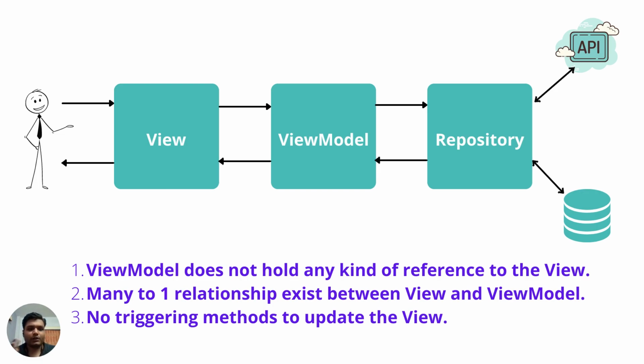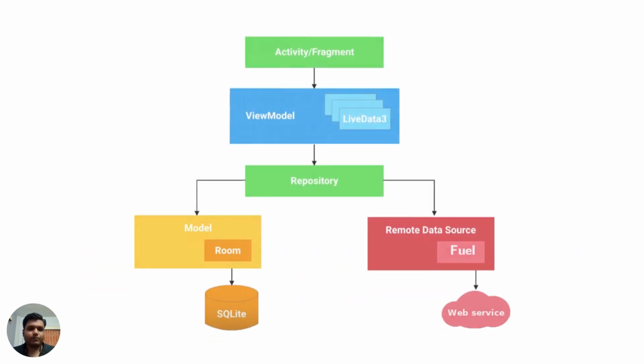Both view and view model are loosely coupled, and there exists a many-to-one relationship between them. Why? Because there are observables present in the view model, and the view keeps on checking these observables. And there are no triggering methods to update the view, which were present in the MVC architecture.